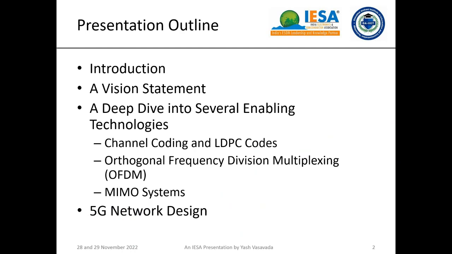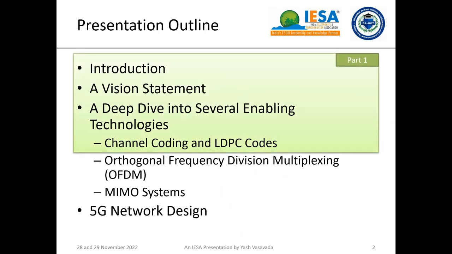So this is the outline of my presentation. I'll briefly introduce myself. I'll have a vision statement. And then maybe take a conceptual look at several of the enabling technologies for the 4G, 5G, and 6G communications, such as LDPC codes, the OFDM technology, the MIMO systems, etc. And then maybe at the end, there'll be a brief section on the 5G network design.